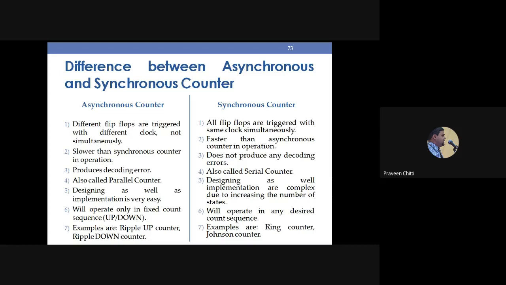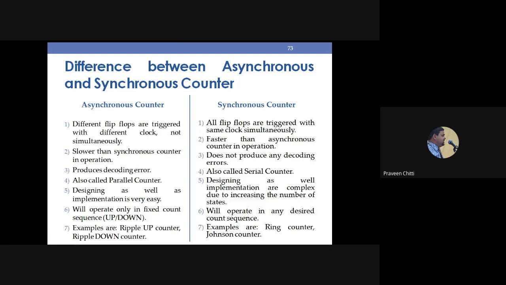Also I told which is complicated and which is simple. In the synchronous counter, all the flip-flops get the same clock directly, but it is a bit more complicated. Asynchronous counter design is simple, but there we need to connect the output of one flip-flop as a clock to the next flip-flop.